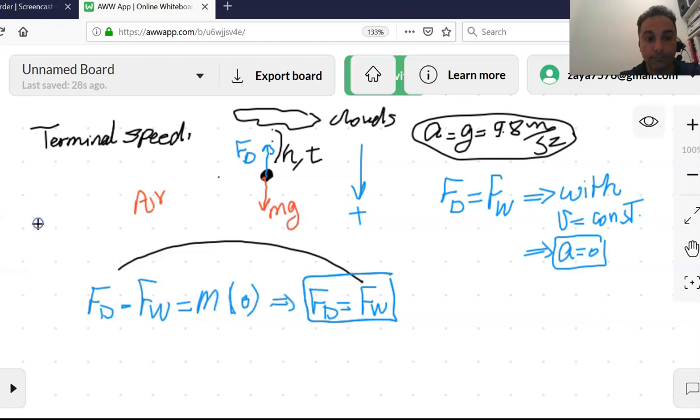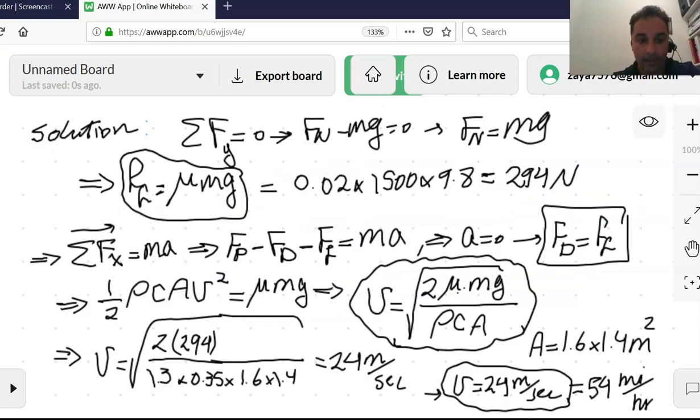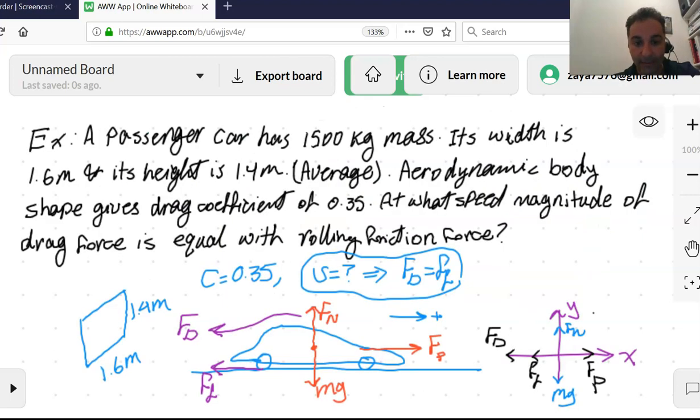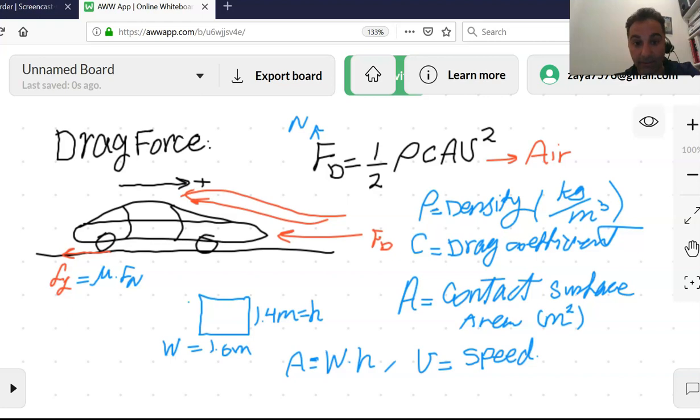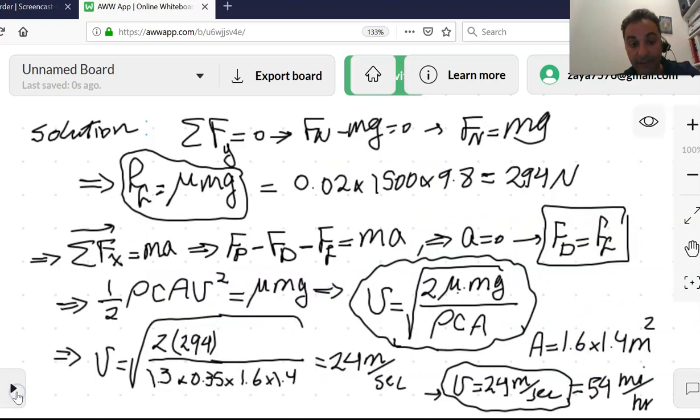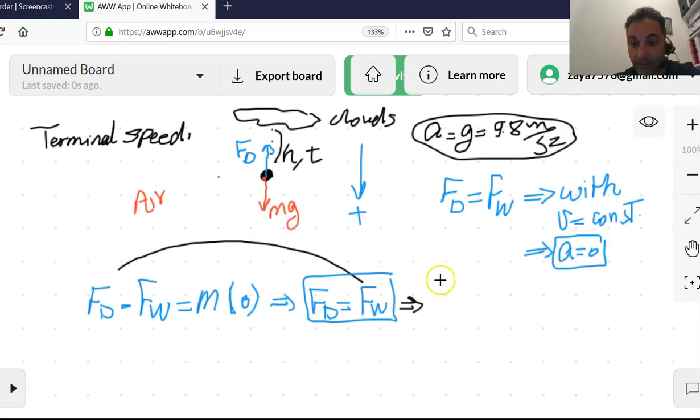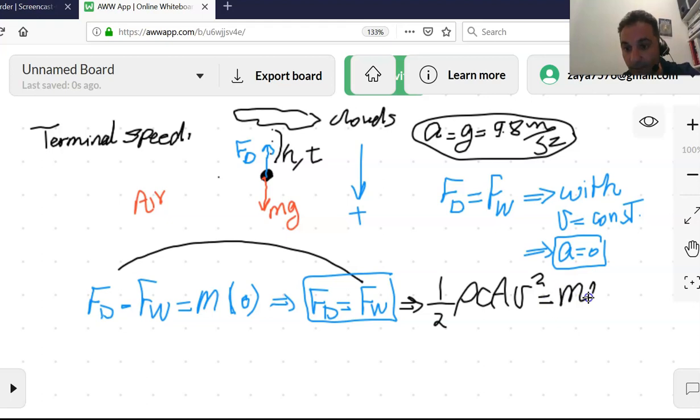Now, if I work on this, Fd, as we saw last week, in this equation D equals 1/2 rho C A V squared, so let's write 1/2 rho C A V squared equals force of weight, which is mg.